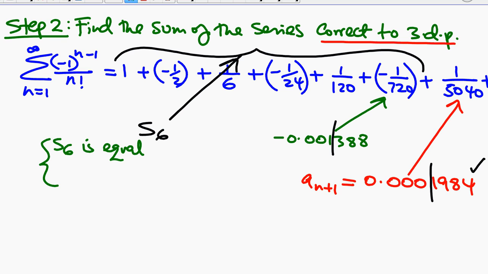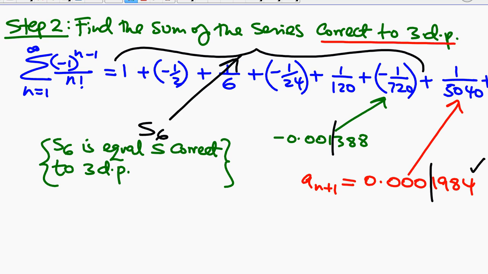So S6 is equal to S correct to 3 decimal places.